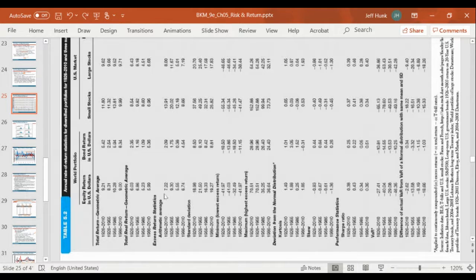types of returns, risk, and the sub periods. First is total return, which is basically measured by geometric average, and total returns are broken down into sub periods, right?